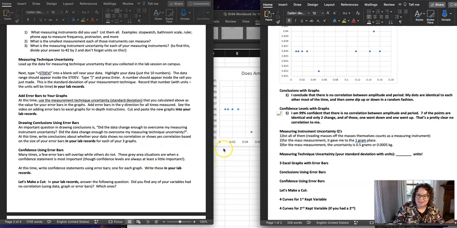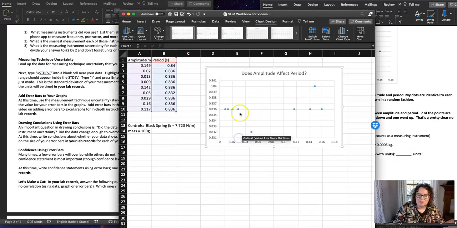All right, the next thing we're going to do is use that standard deviation to put error bars on our graphs. So for each one of your graphs, then what you're going to do is following the inserting error bars video that we used in the pendulum labs, insert error bars for these graphs.